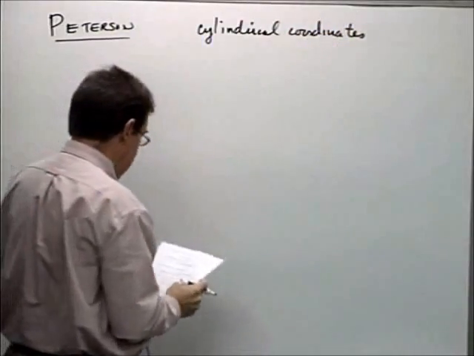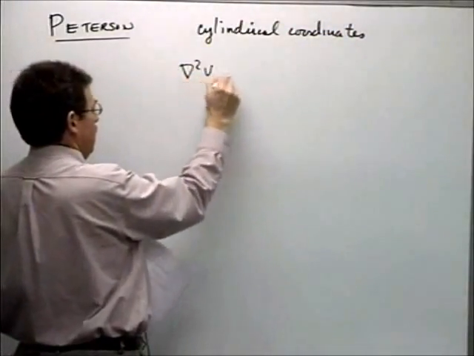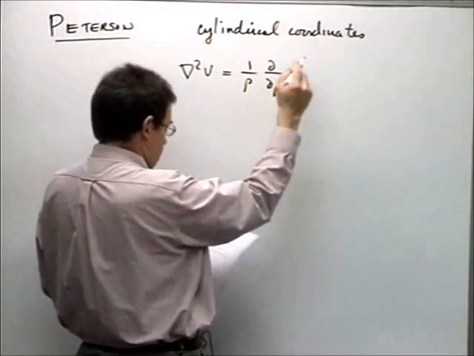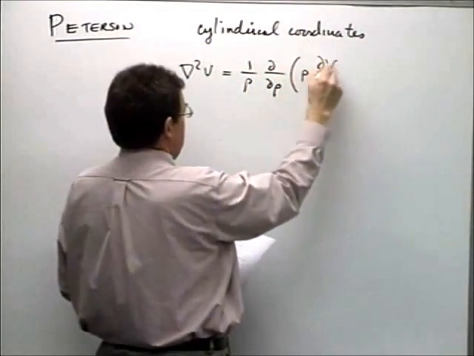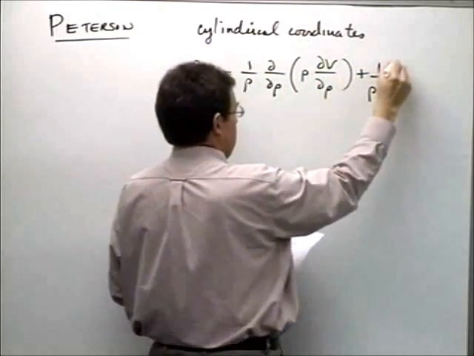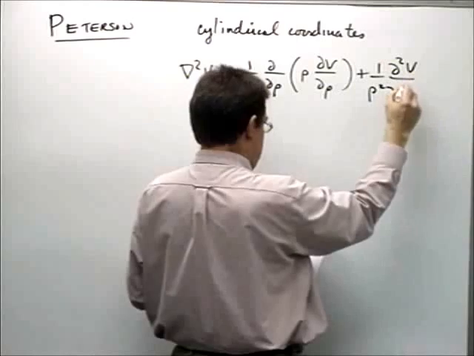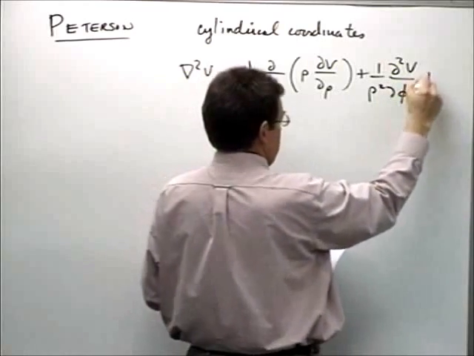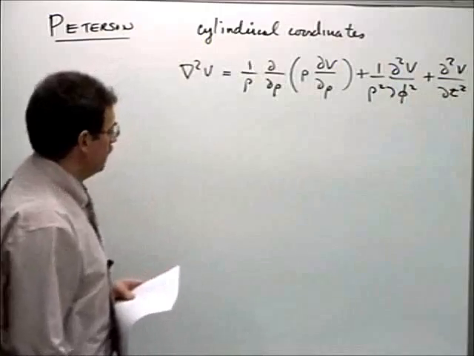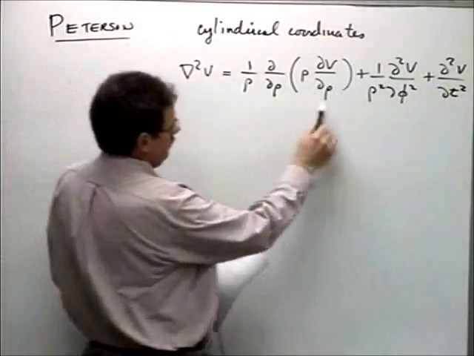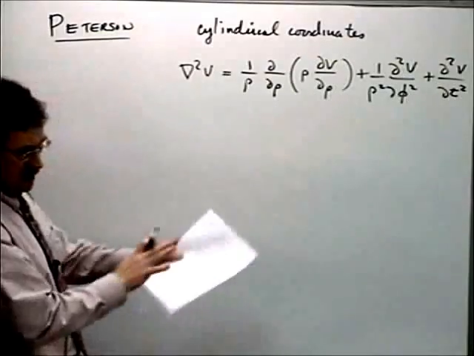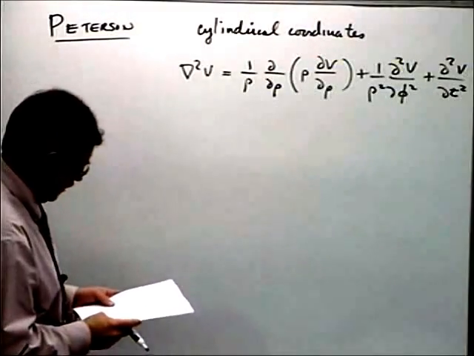And that's given by del squared V equals 1 over rho, derivative with respect to rho of rho dV d rho, plus 1 over rho squared, second derivative of V with respect to phi squared, and the z component doesn't change. So this is just a complicated way of stretching the coordinates to get from Cartesian to cylindrical.